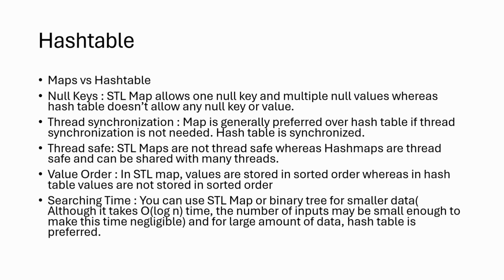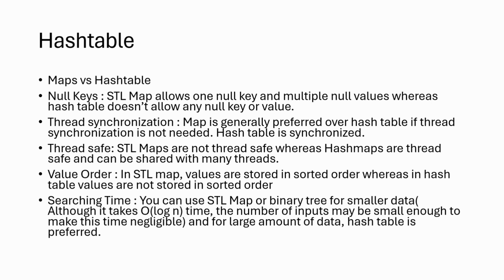You might be thinking of a use case for why you would have a null key with some values in a map, or a key which has null values, but why a null key? I can't really think of a use case right now, but this is just a syntactical thing that it allows you to do.